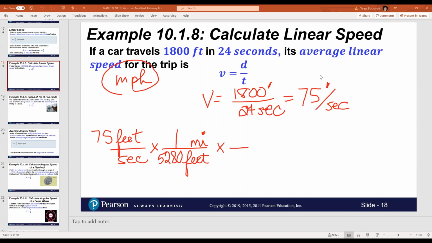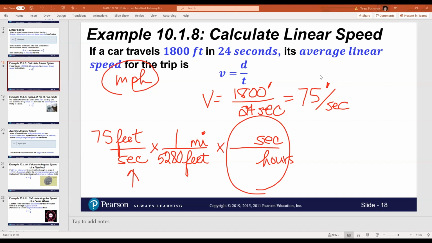Let's find out. Seconds is over here in the denominator. I'd like to get out of seconds, so I'm going to arrange it so I put seconds in the numerator so I can cancel those units. I'm actually trying to get out of seconds and into hours, miles per hour. So can I come up with some relationship between 1 hour and some seconds?